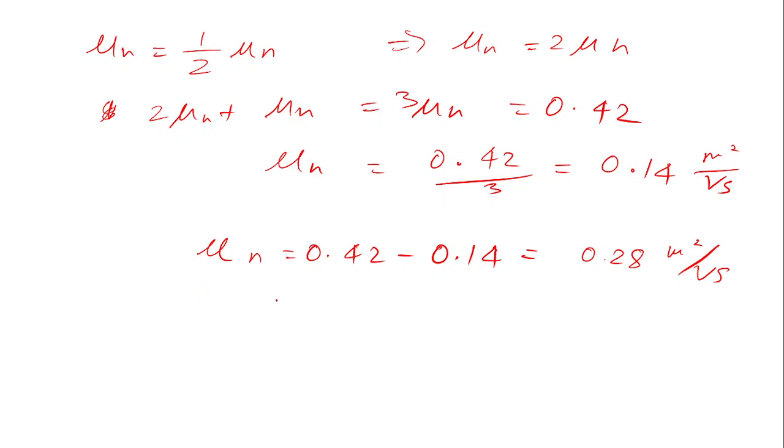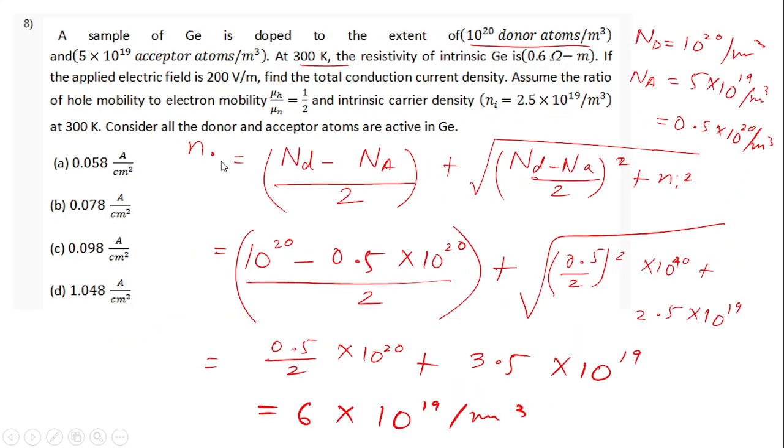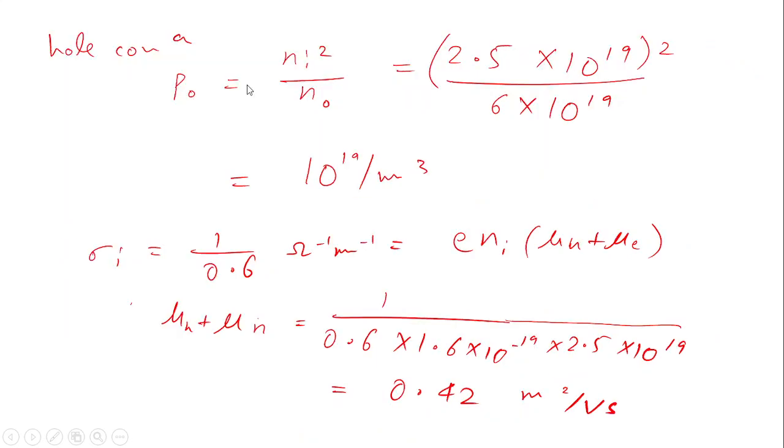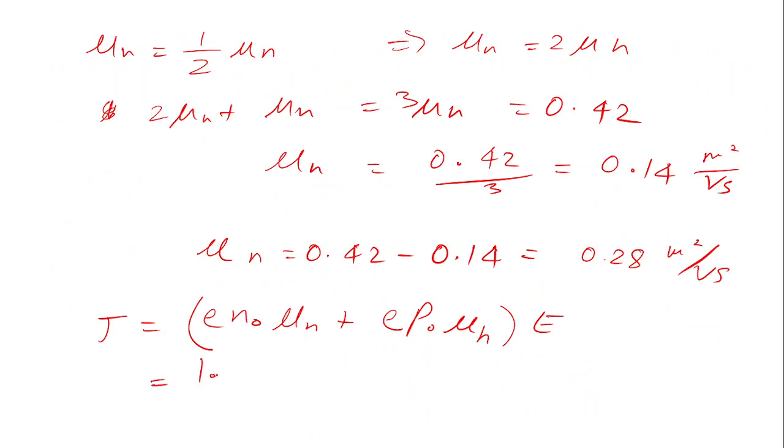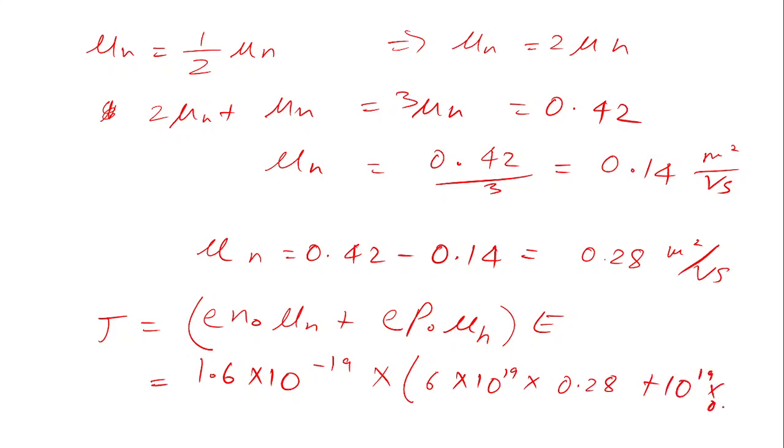Total conduction current density for this semiconductor will be: charge times electron concentration and its mobility, plus the charge, hole concentration and its mobility, times the electric field that we are applying, which was 200 volts per meter. So 1.6 times 10 to the power minus 19, electron concentration 6 times 10 to the power 19 multiplied by 0.28, plus 10 to the power 19 multiplied by 0.14, and the electric field is 200.